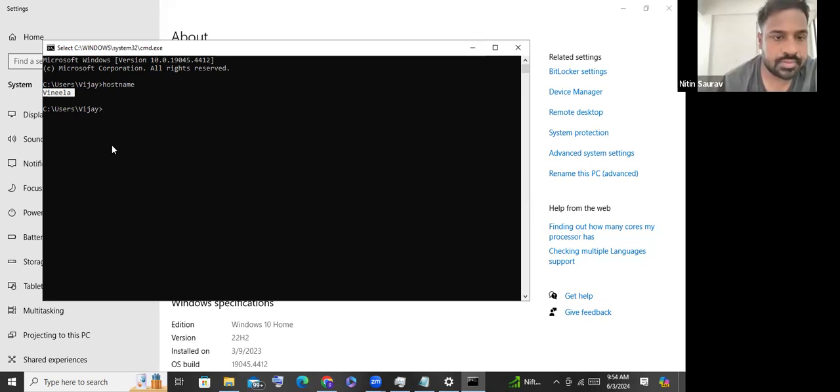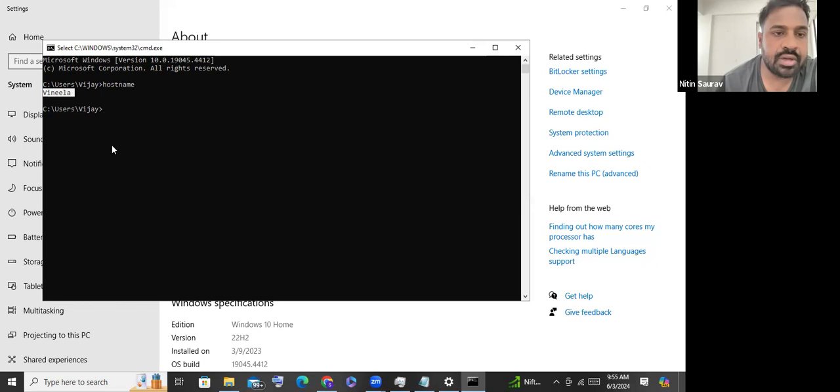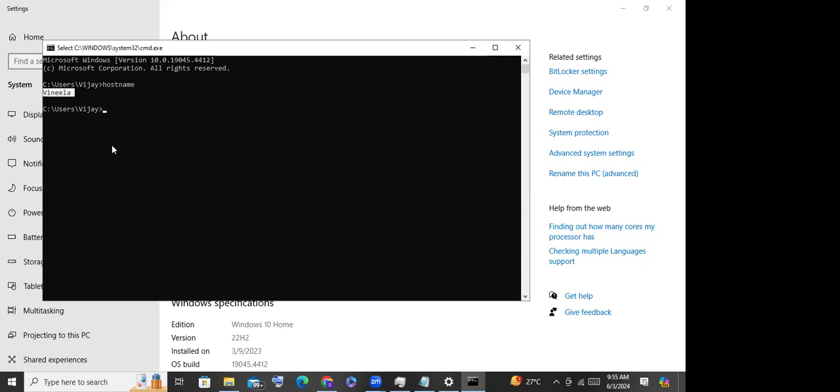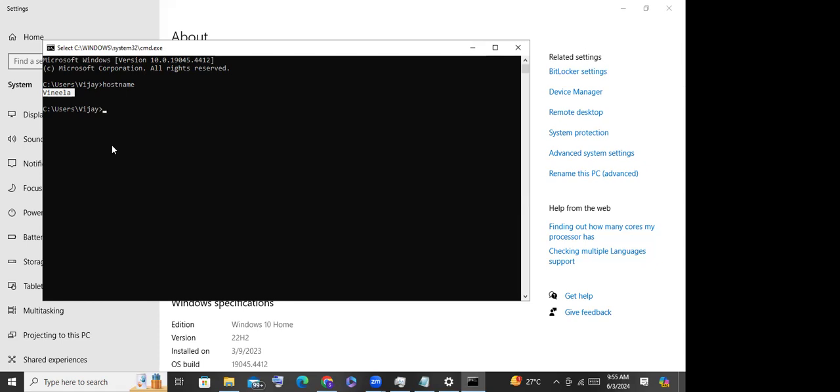Is that clear, guys? So what is this particular IP address? It's a unique number which every system has to connect with a different device in the network. In order for the system to be identified uniquely in the network, we give the IP address.